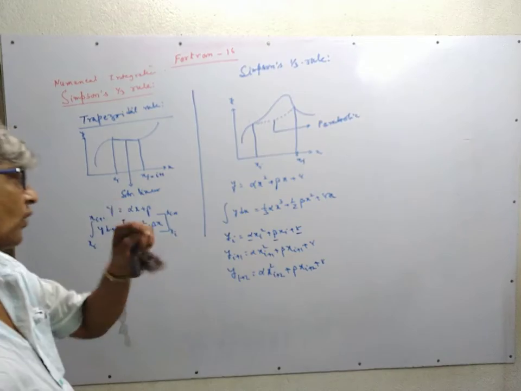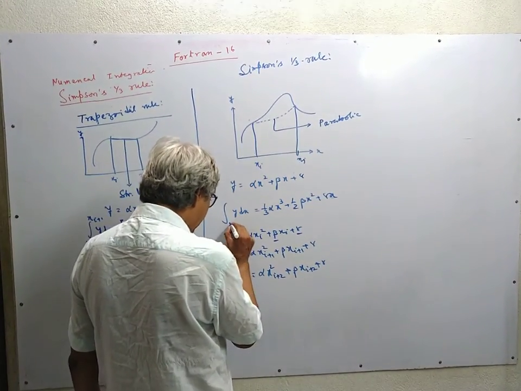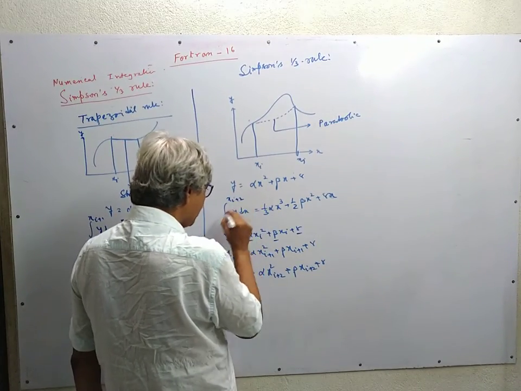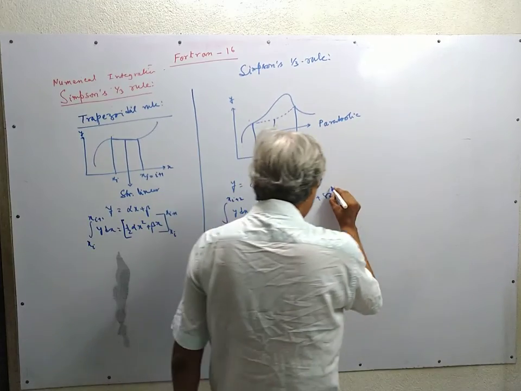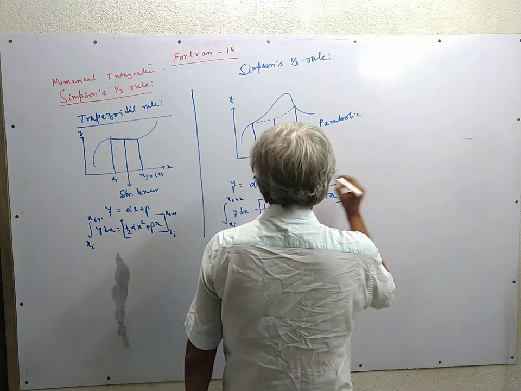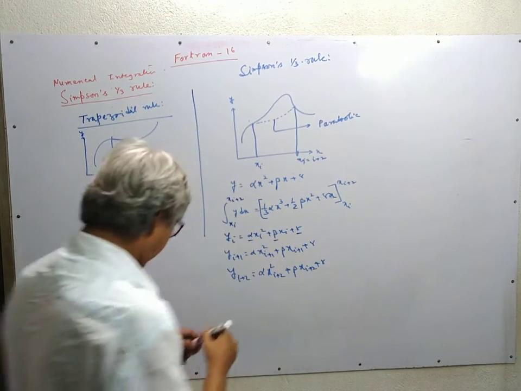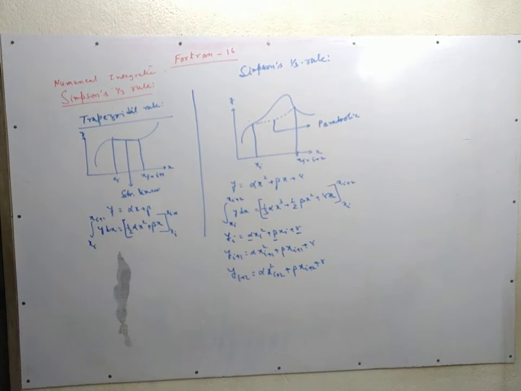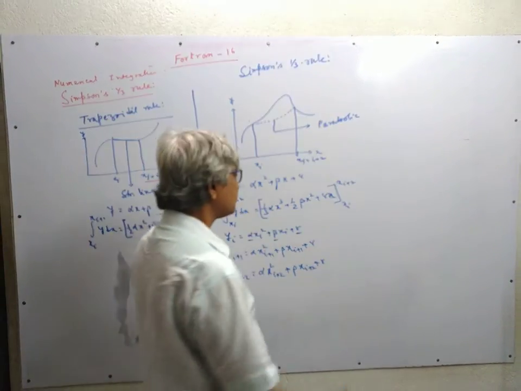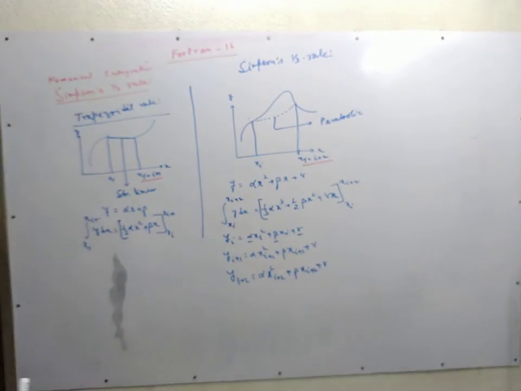So three conditions are required. That is why we write xi and xi plus 2. Note the difference: for the trapezoidal rule, j is equal to i plus 1. For Simpson 1/3 rule, j is equal to i plus 2.